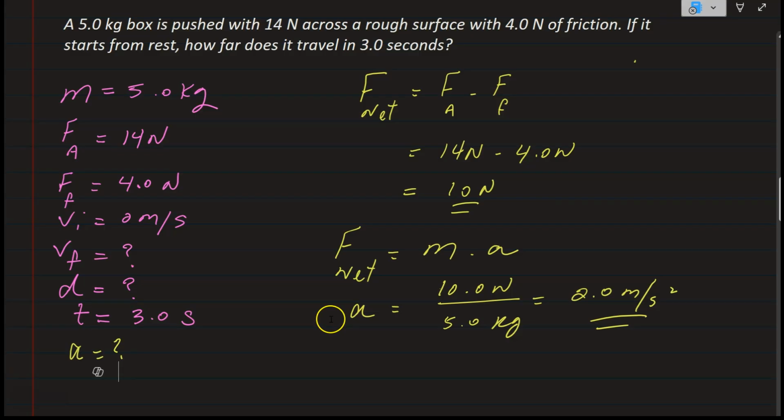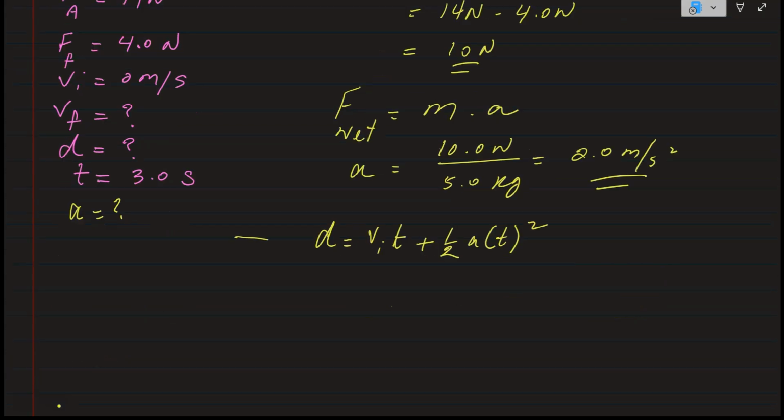Now that we have that, we can use the kinematics formula that involves the distance d. Let's plug in the numbers. The initial velocity Vi is 0, so that term becomes 0 because it's multiplied by time.